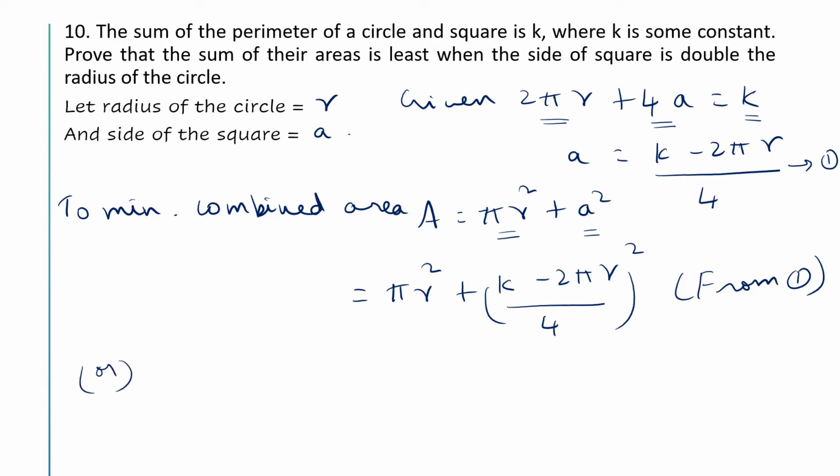Or A is equal to pi r square plus 1 by 16 into k minus 2 pi r the whole square. Now we have to find the critical points and see whether d square A by d r square is greater than 0 at those points to say that the combined area is minimum.